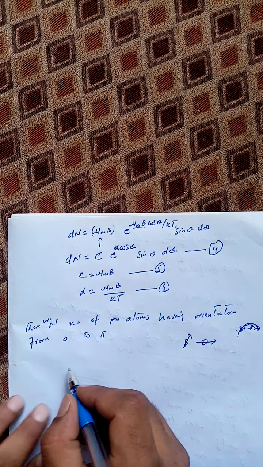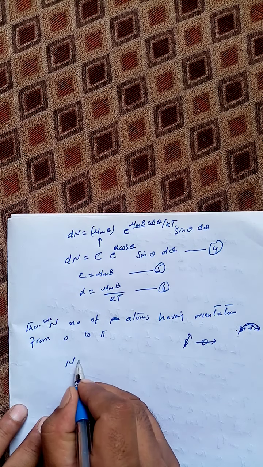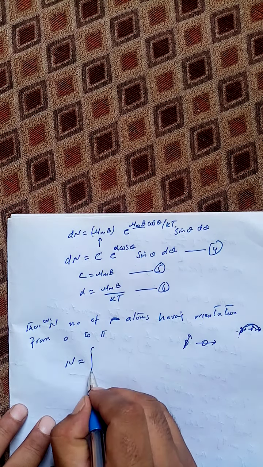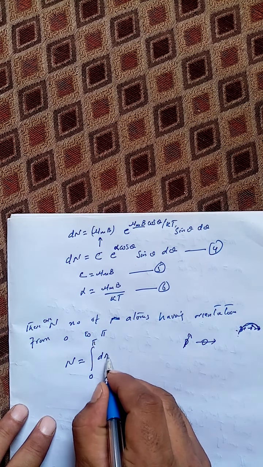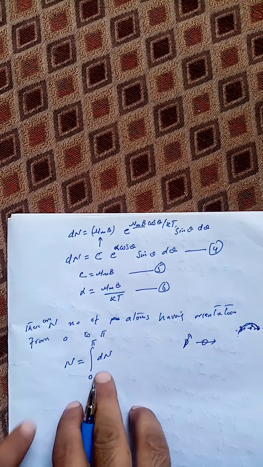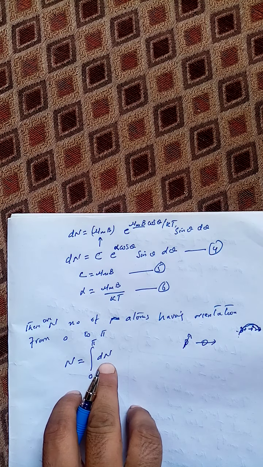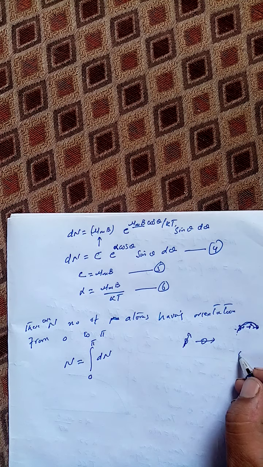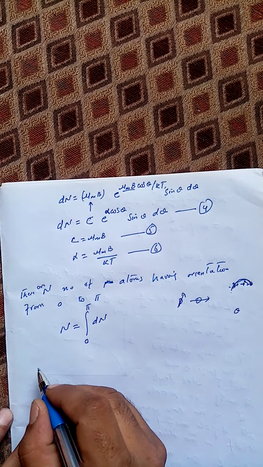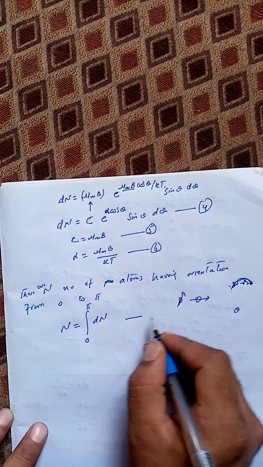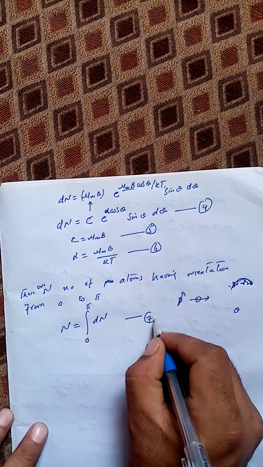So it means that we can calculate the total number of particles or atoms with orientation varying from 0 to pi by integrating this small factor dN, which depends on orientation theta. Now this is equation 7, let's say.